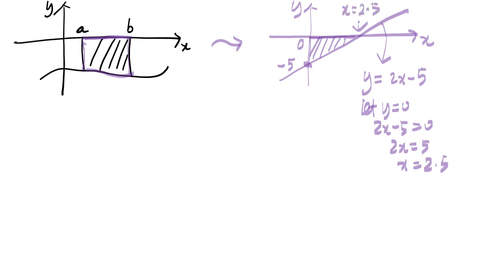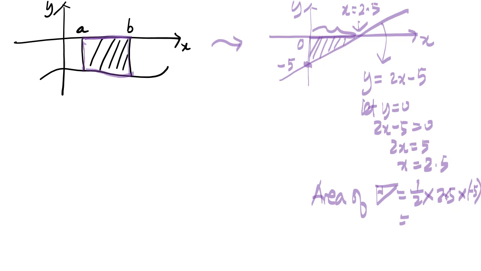So how do you find the area of this triangle? The area will be half times the length here, which is 2.5, times the vertical height, which is -5. So you will get -6.25.